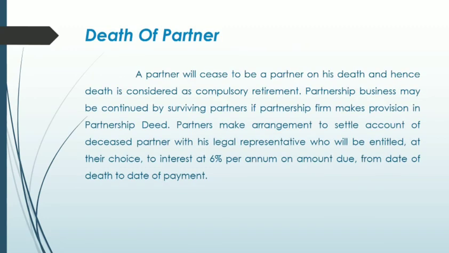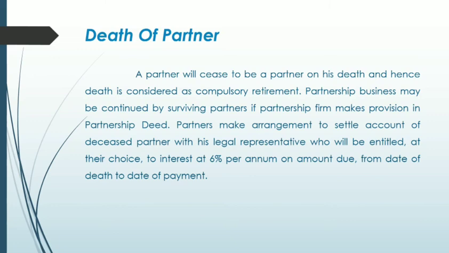The last constitution of the partnership final account is death of partner. A partner will cease to be a partner on his death, and hence death is considered as compulsory retirement. Hence, due to death, if the partner retires, it is known as compulsory retirement from the partnership.